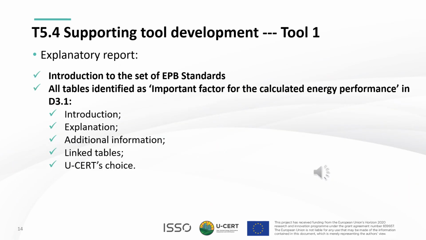Finally, the U-CERT Tool 1 includes an explanatory report, which is composed of introductions, explanations, additional information, linked tables, and user choices made for each table selected within task 3.1 as important factors for the calculated energy performance and that have been assessed in U-CERT Tool 1 thanks to the simplified spreadsheets and also thanks to the cross-comparison, as we have already seen in this presentation.